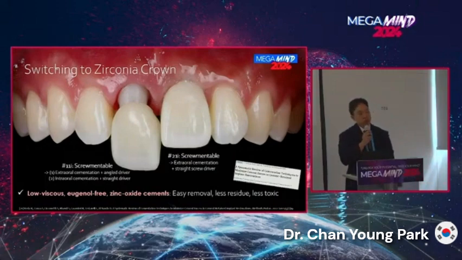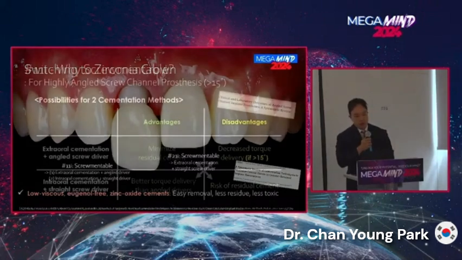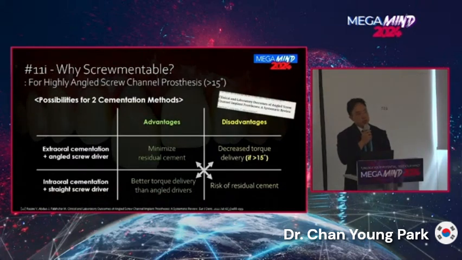And to prevent decementation and residual cement issues, it may be advisable to use low viscous, eugenol-free zinc oxide cements. And extraoral cementation may be a good method, but in angled prosthesis, repeated use of angled screwdrivers might decrease the actual torque delivery. So I think it is advisable to open the possibility for intraoral cementation as well.